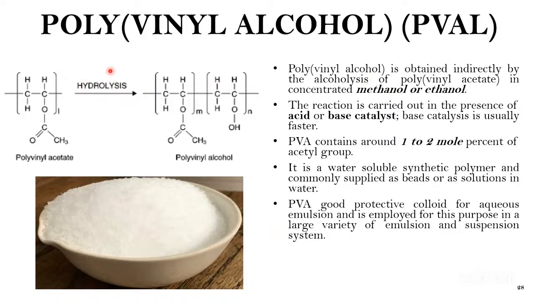The reaction is carried out in the presence of an acid or base catalyst. For a quite faster reaction, we use a base catalyst to convert polyvinyl acetate into polyvinyl alcohol.